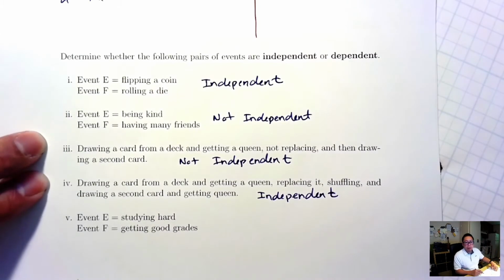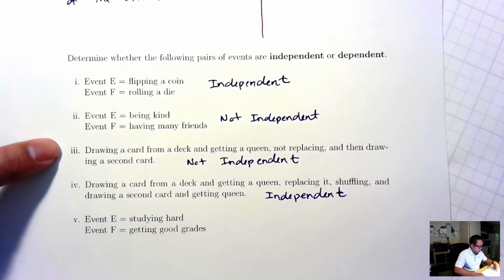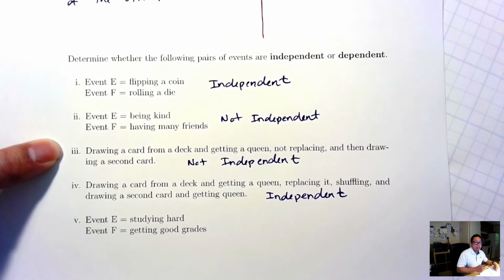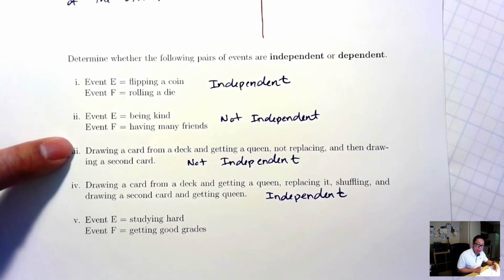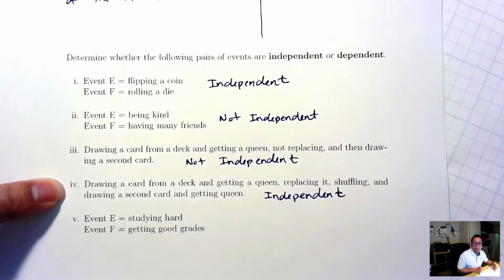Okay, so these two are pretty important examples. So part 3 is sampling without replacement. So you're taking a sample and then you're not putting things back, which means it is going to affect your next pick. Okay, so that's going to be not independent. Part 4 is typically called sampling with replacement.